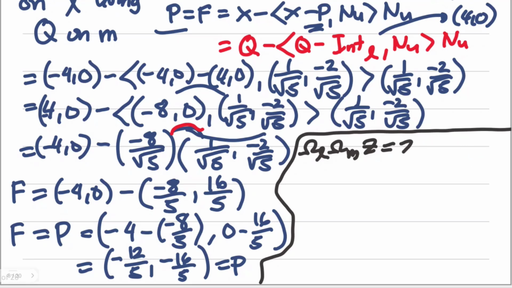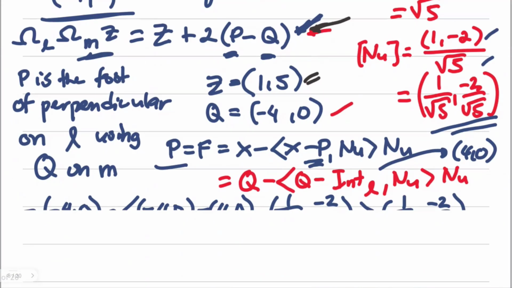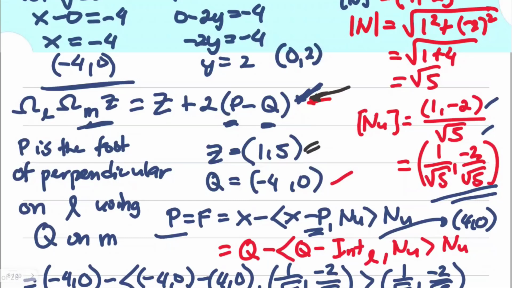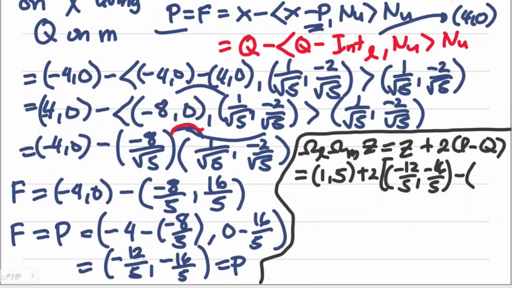So it's actually Z, or X in general instances, twice P minus Q. So Z is again 1 and 5. You have here plus twice your P, which is negative 12 fifths, then negative 16 fifths, minus your Q here, which is negative 4 and 0. This is still 1 and 5.